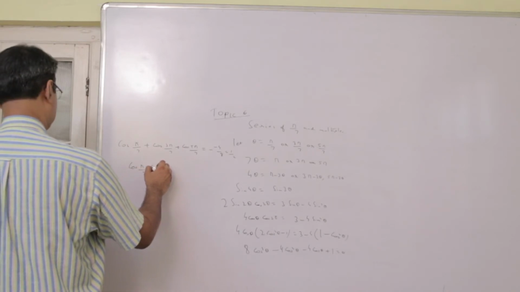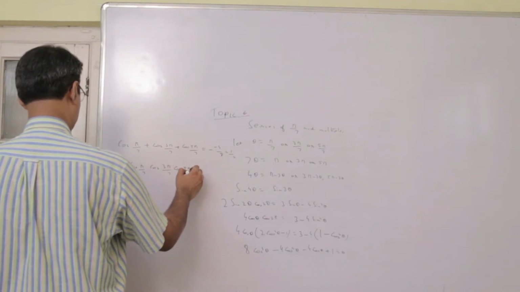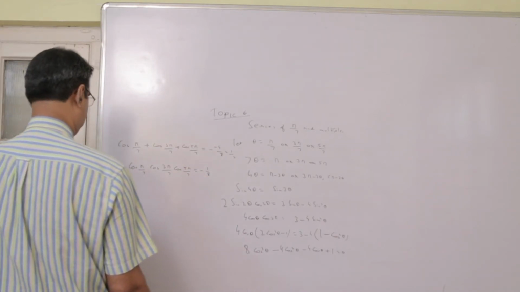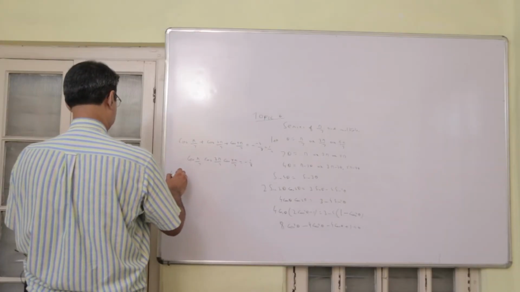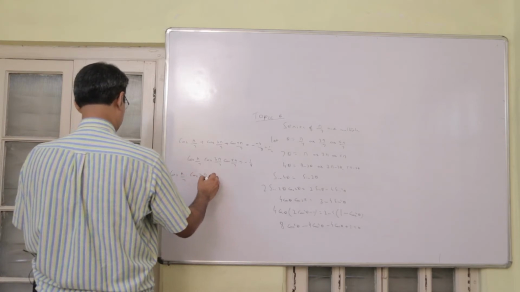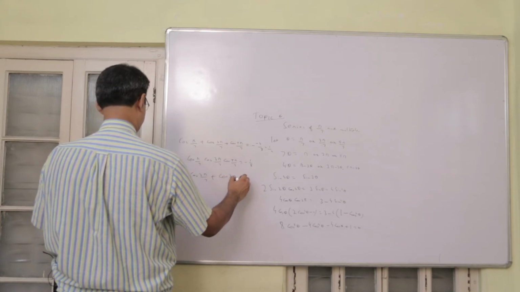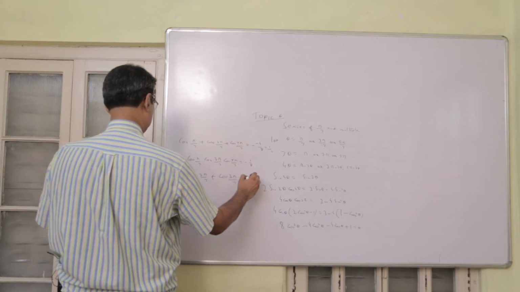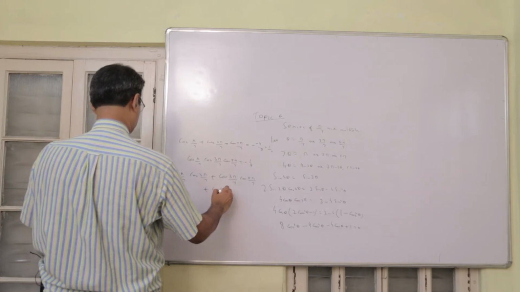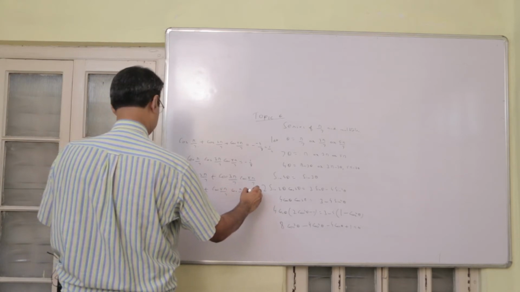Second conclusion is cos pi by 7 cos 3 pi by 7 cos 5 pi by 7 is equal to minus 1 by 8, and we can also say that cos pi by 7 into cos 3 pi by 7 plus cos 3 pi by 7 into cos 5 pi by 7 plus cos 5 pi by 7 into cos pi by 7 is minus half.